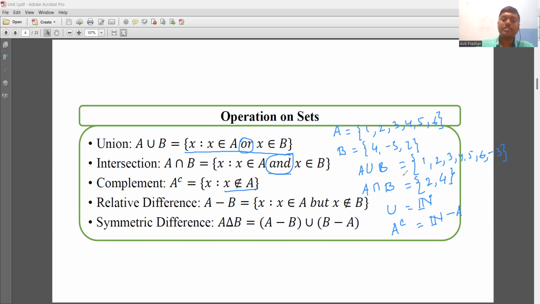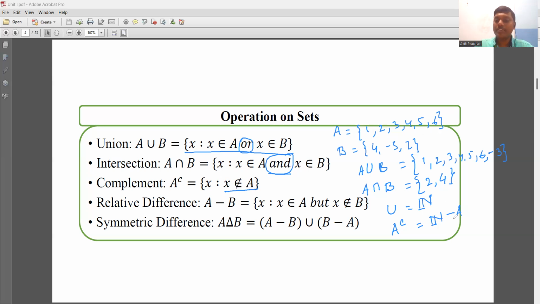So as I already mentioned in the last slide, what is a universal set? Universal set is the set of all the elements related to a set. So if I consider this A contains some integers, I can think, or rather I should say, that A contains the natural numbers. If we want to find the complement of this A, then I should consider the natural number set as the universal set.